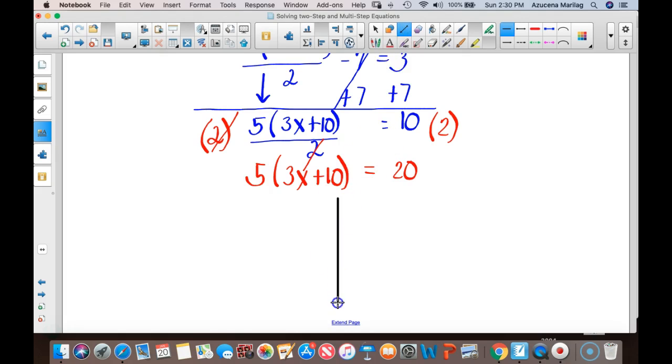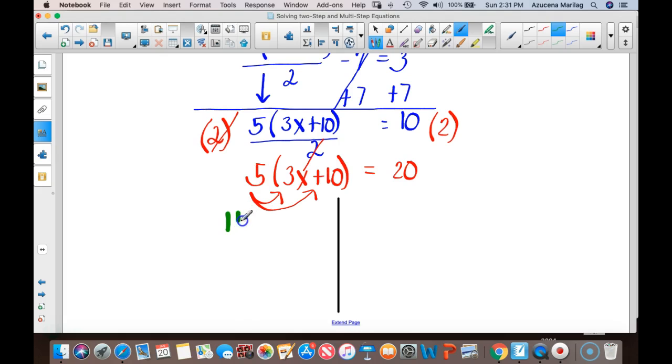And you can choose whichever is easier for you. So let's say I chose to follow the distributive property. It means I'm going to multiply 5 to all the terms in the parentheses.